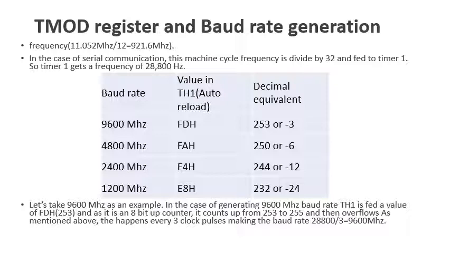In the case of generating 9600 baud rate, TH1 is fed a value of FDH, that is 253, and as it is an 8-bit up counter, it counts up from 253 to 255 and then overflows. This frequency of overflow is used to generate the baud rate. As mentioned above, that happens every 3 clock pulses, making the baud rate 28,800 divided by 3, that is equal to 9600 baud.